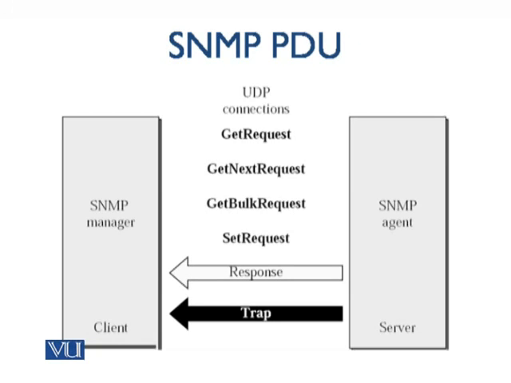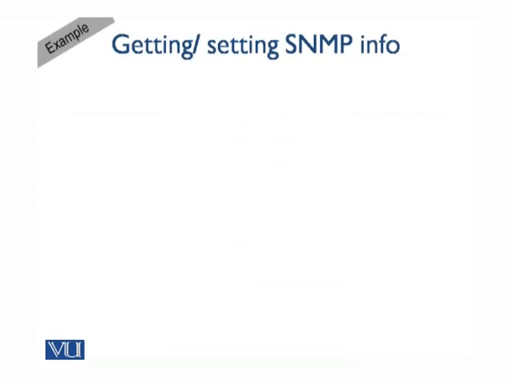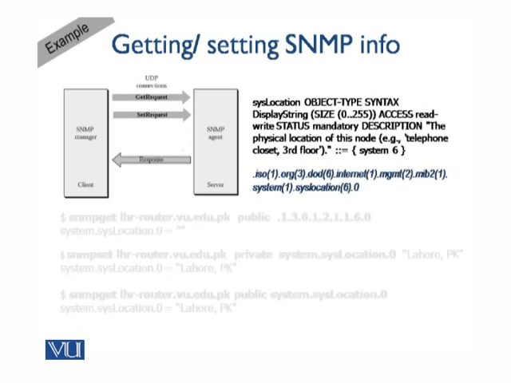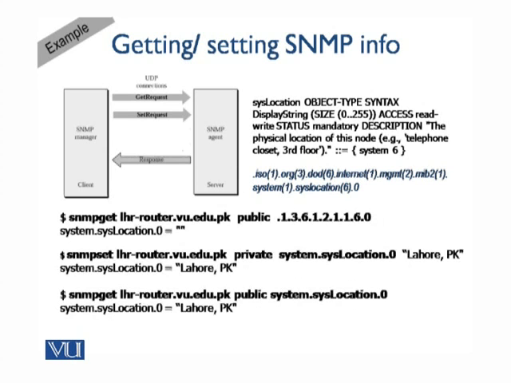Let me show you some commands that you can use using the Net-SNMP package. I'm going to skim over this. sysLocation is an object that is part of the system group. If you want to retrieve an object from this, you would take the OID, and you can use the snmpget command, which is offered by the Net-SNMP package, which works over all Linux and Unix based systems.